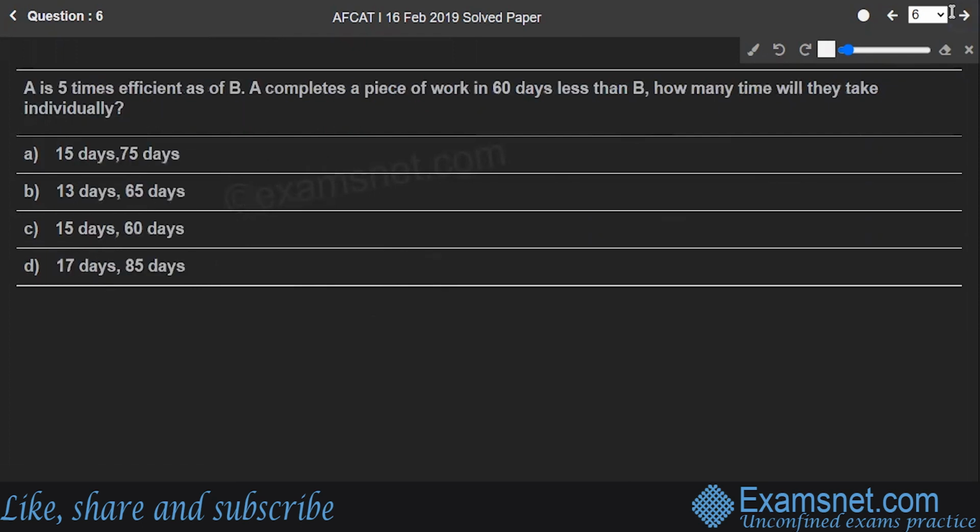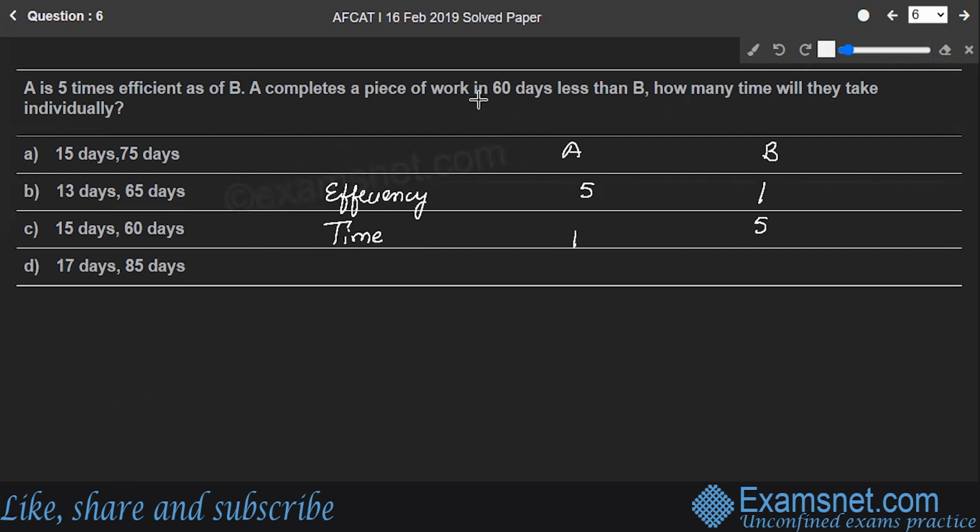Question number 6. It says A is 5 times as efficient as B. A completes a piece of work in 60 days less than B. How much time will they take individually? So you are given something about the efficiency. Here are A and B. A is 5 times as efficient as B, so the time taken by A and B will be in the ratio 1:5, right?